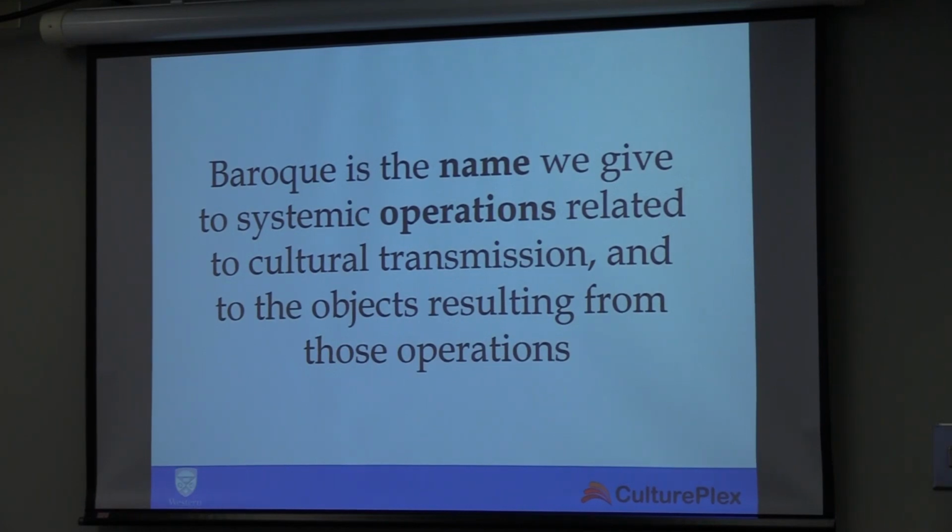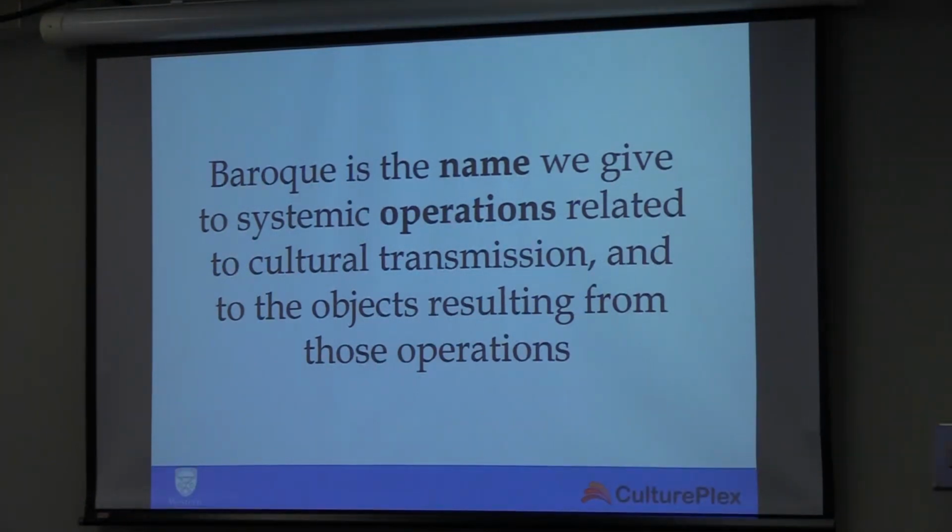Really, Baroque is an operation that is related to cultural transmission, and the resulting objects of doing those changes and moving those objects. Baroque always shows a similarity and closeness to the thing that we are looking at, but also some kind of deformation, because we see that what we are looking at is not completely exact as the original.